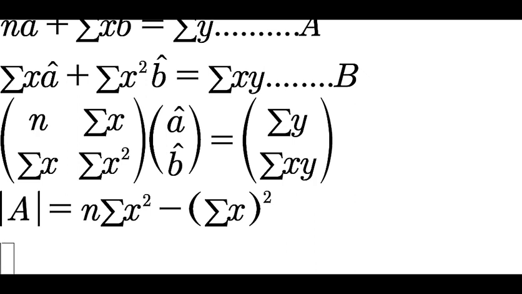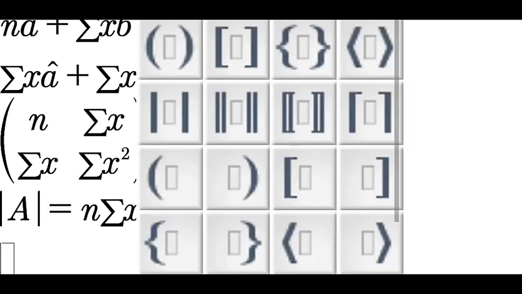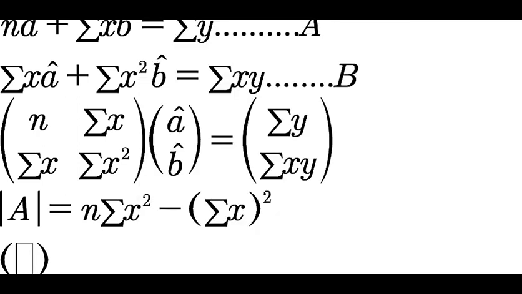Now we replace the first column of our coefficient matrix with the right hand side vector. Doing that, we form a new 2x2 matrix.